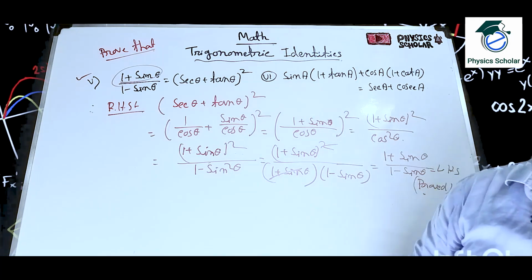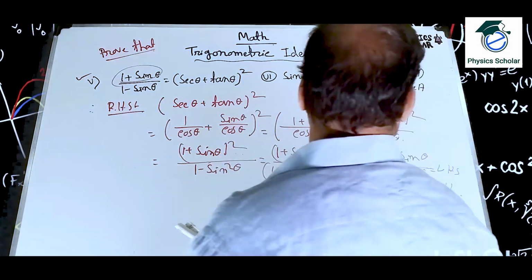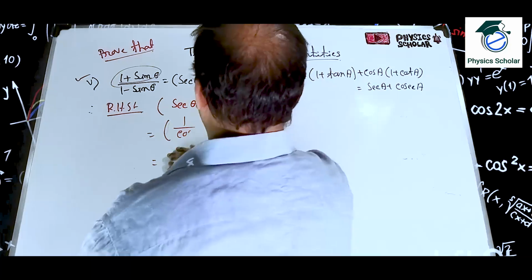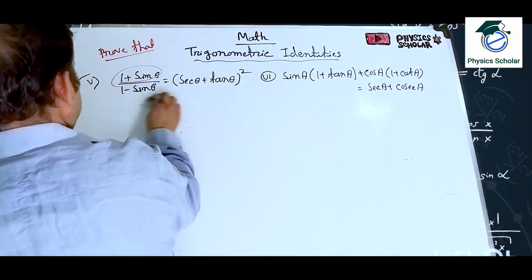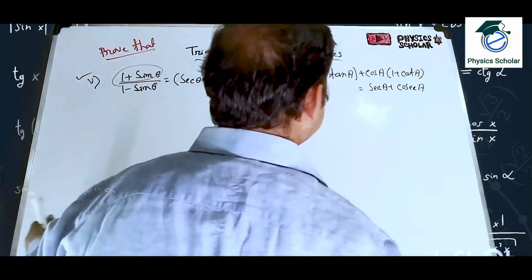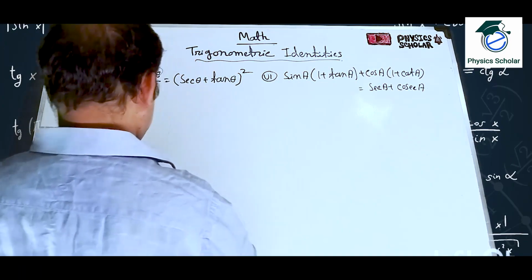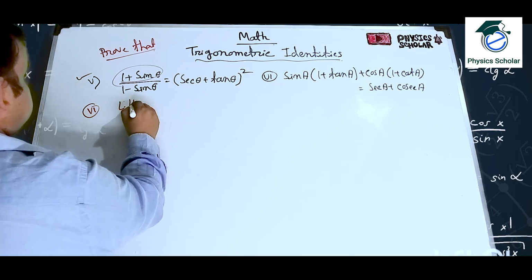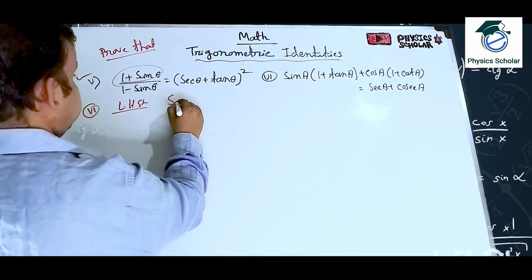Now move to sum number 6. Left hand side, what is given?